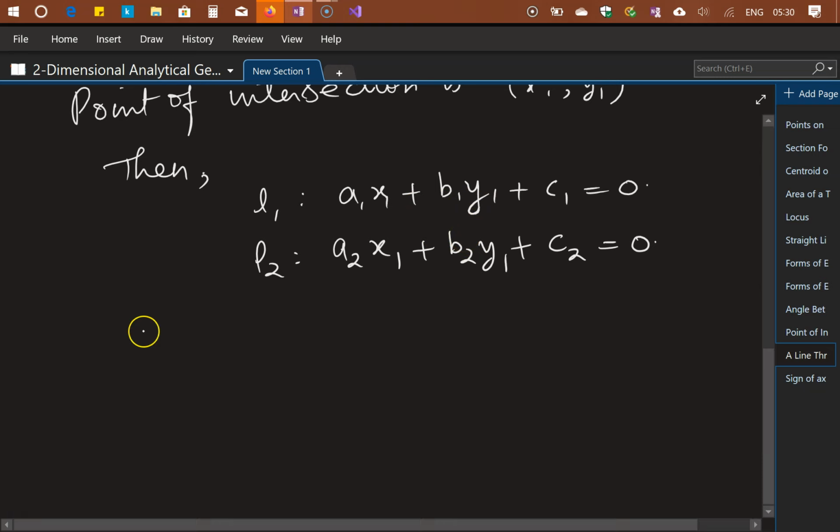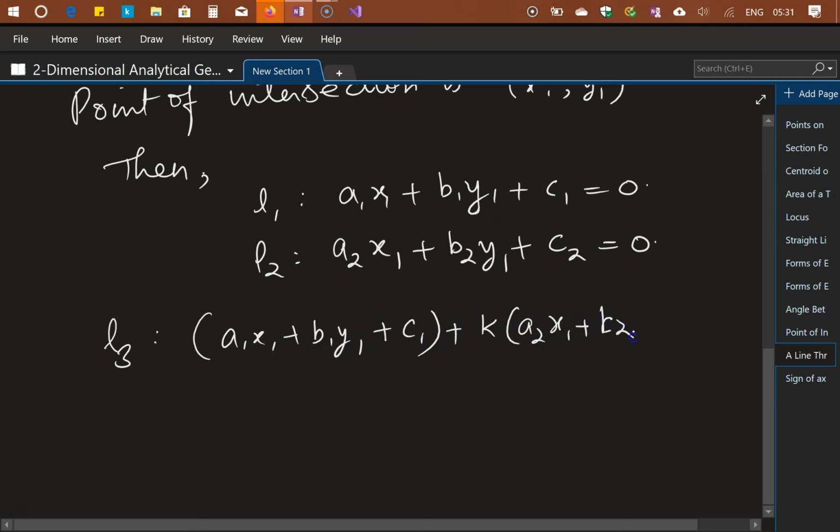So another line, L3, which is also passing through this (x1, y1), can be written as A1 x1 plus B1 y1 plus C1 plus k times (A2 x1 plus B2 y1 plus C2) is equal to 0.